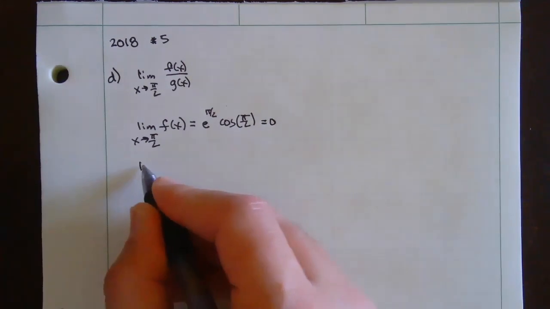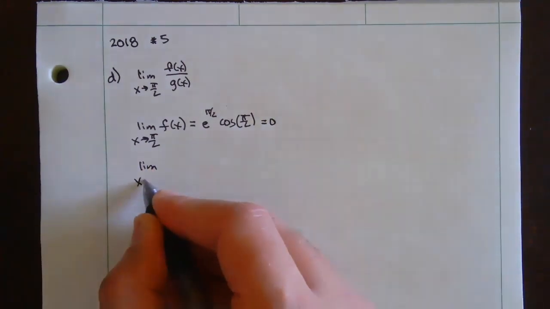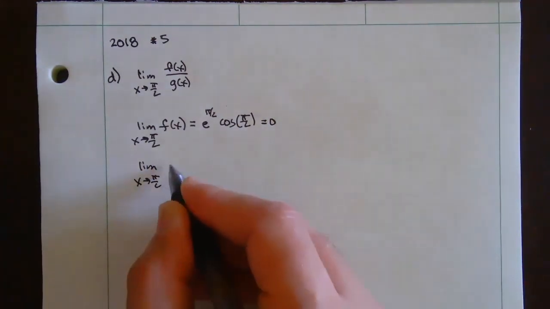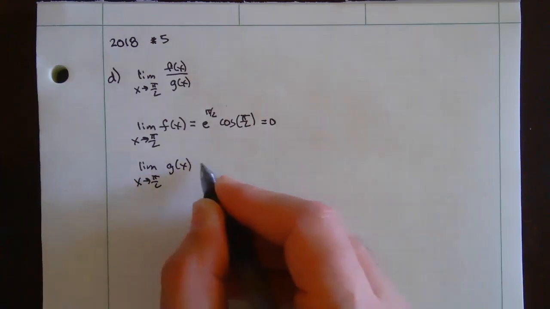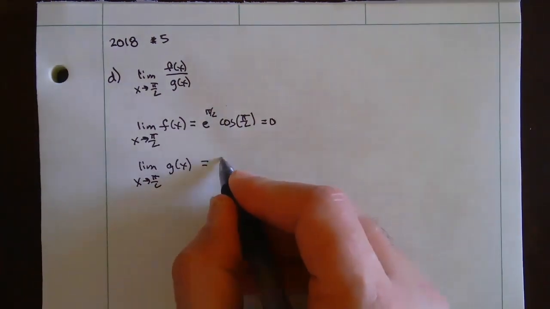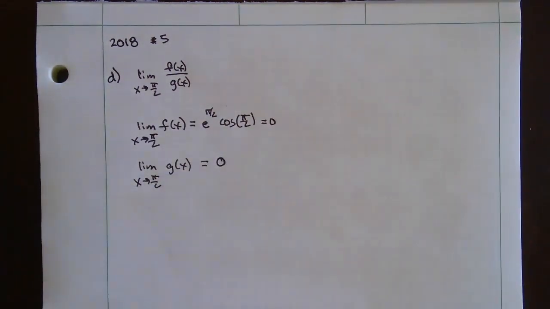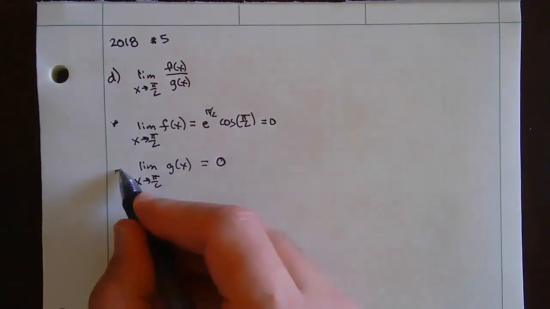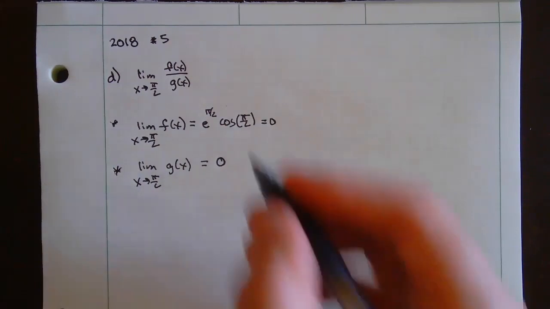And then we also need to do the limit as x approaches pi over 2 of g of x. Because g of pi over 2 is 0, and it's differentiable, which means it's continuous, that would also equal 0. Because of these two statements, we can use L'Hopital's rule, okay?